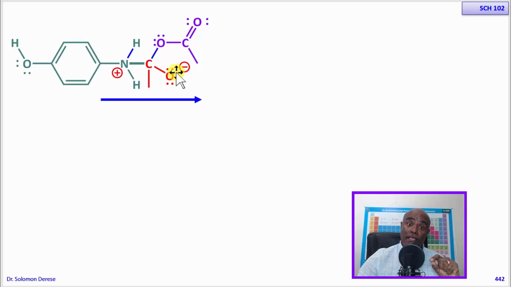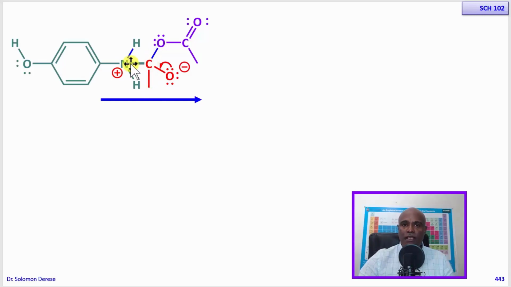So when these electrons are used to form a bond with this, a bond has to break. And then the bond that's going to break will be the weakest bond. The bond that's going to break is the one that can accommodate the negative charge. When a bond forms like this, either this carbon-nitrogen bond or carbon-oxygen bond or this carbon-carbon bond has to break.